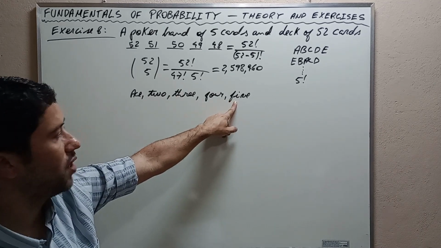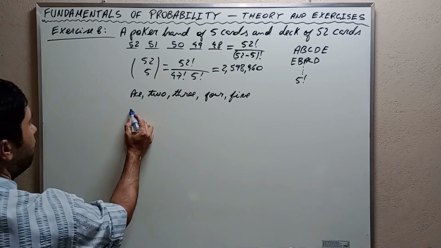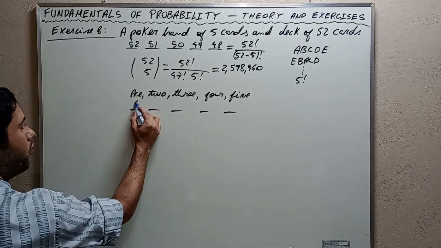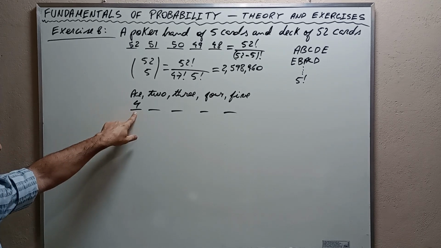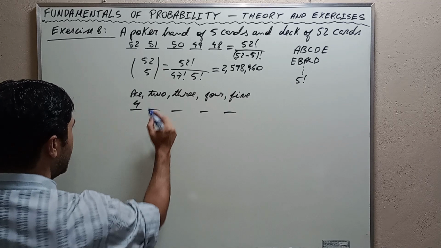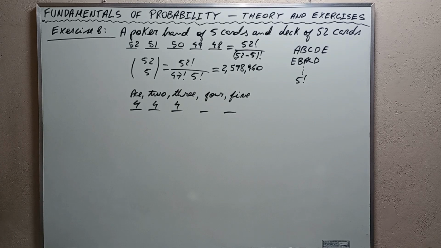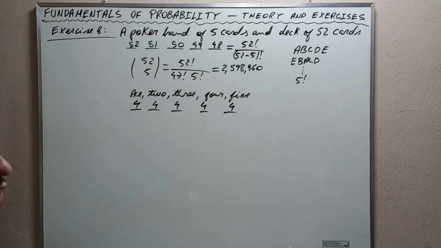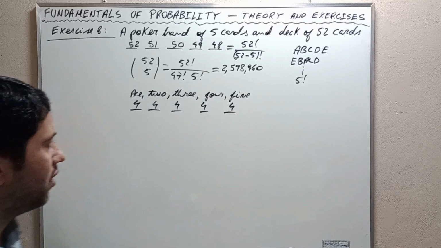We're gonna have 4 possibilities for aces, 4 possibilities for 2s, 4 possibilities for 3s, 4 possibilities for 4s, and as we have 4 suits, 4 different 5s in this deck, okay?